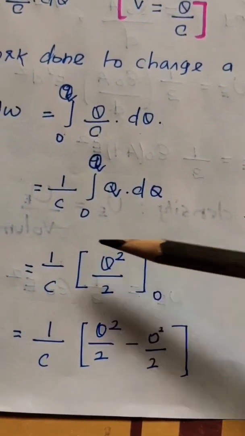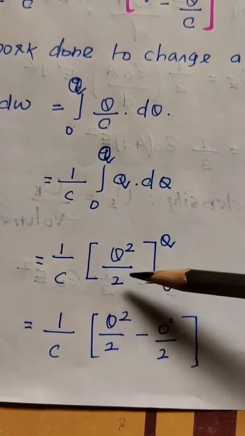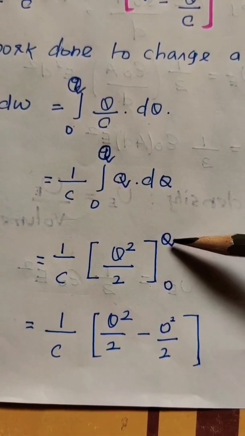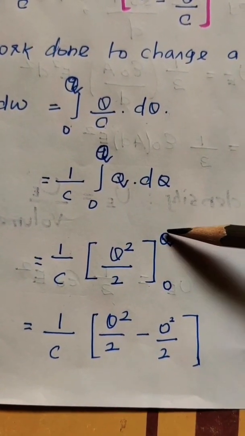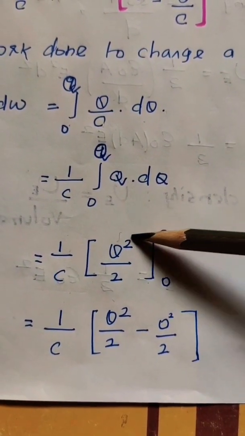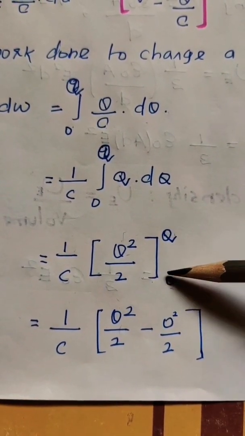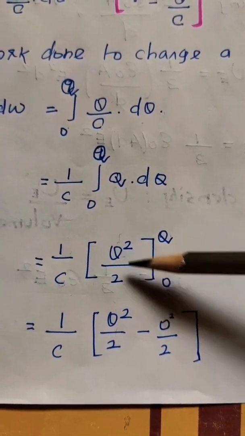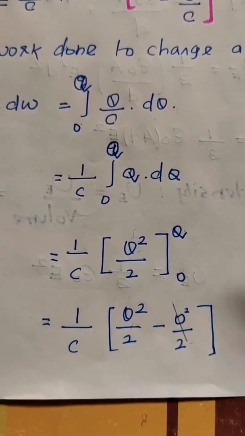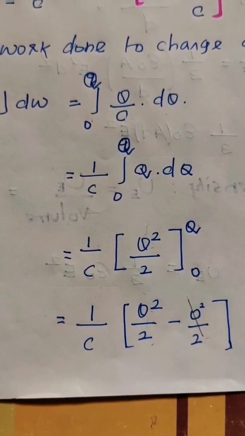So we write the constant 1 by C times Q squared by 2, with limits 0 to Q. Substituting the upper limit Q gives Q squared by 2, minus the lower limit 0 squared by 2, which is 0. The remaining term is Q squared by 2C.